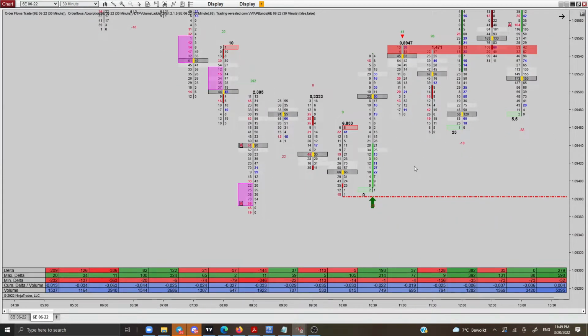So our first checklist item, sellers should be trapped. See here, lots of sellers. You see these red numbers, A, these are sellers absorbed, and the software prints sellers are trapped. Next, these sellers are not strong, they are trapped.